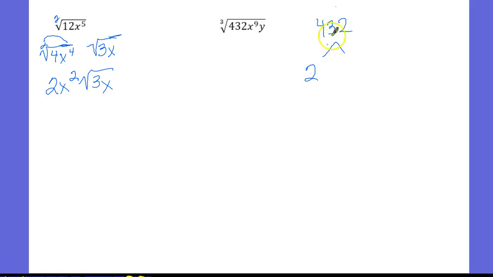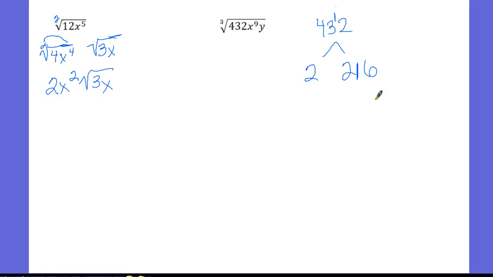I'm just going to divide this way twice. 2 goes into 3 once with 1 left over, and 2 goes into 12 6 times. Now, if I had my little perfect power page out, I might see that 216 is a perfect cube. It's 6 cubed. It is. It's 6 cubed.